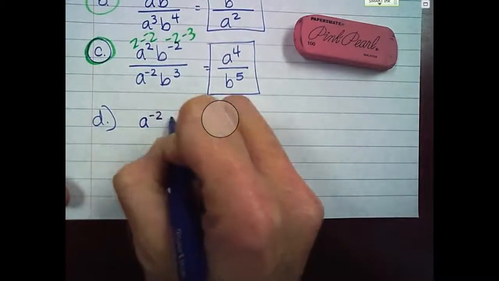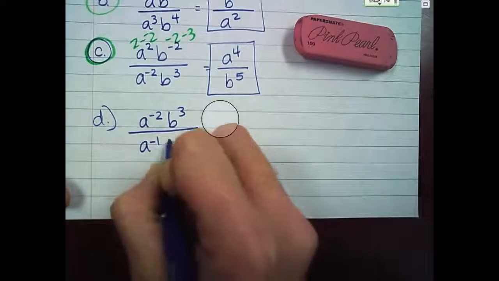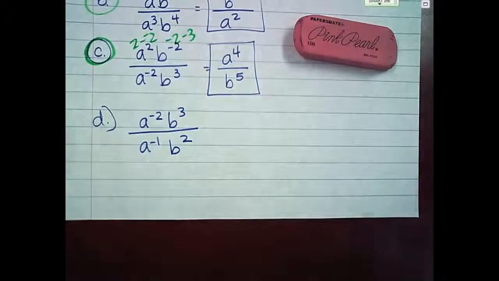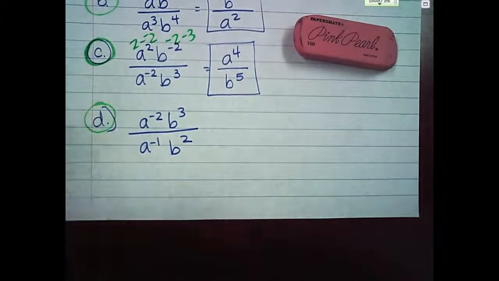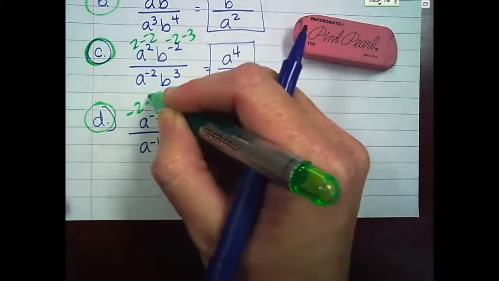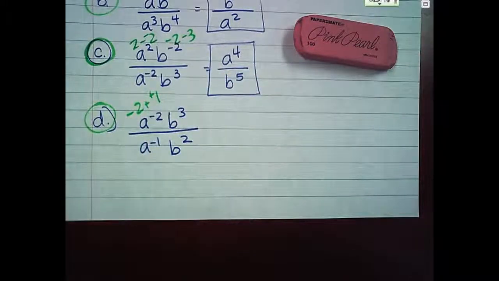A to the negative 2 b cubed over a to the negative 1 b squared. Negative 2 minus negative 1 means I have an a where?